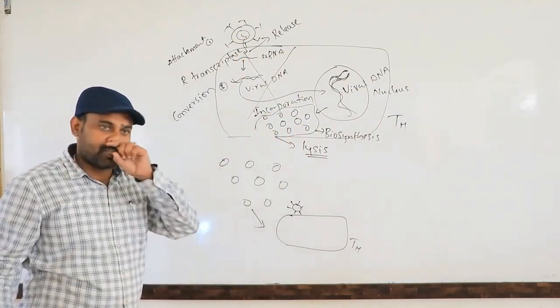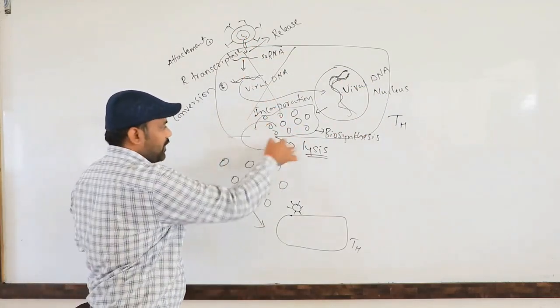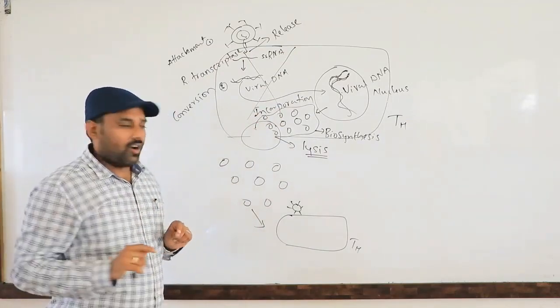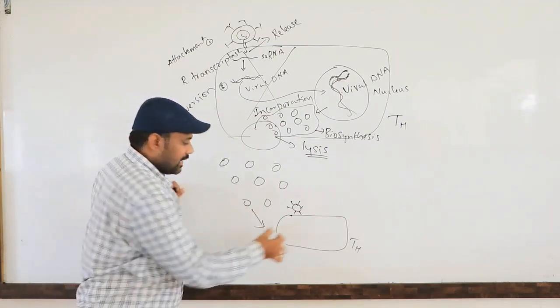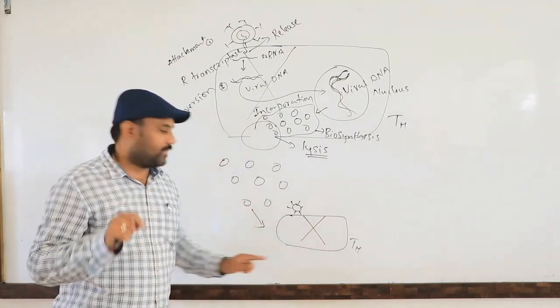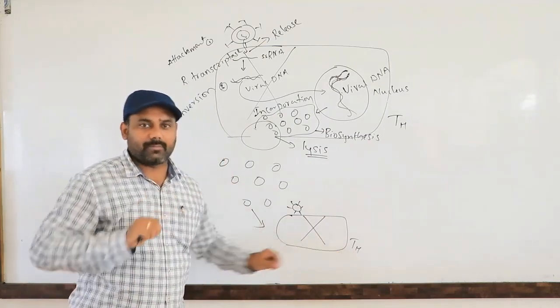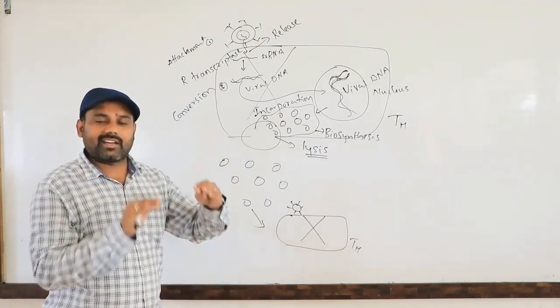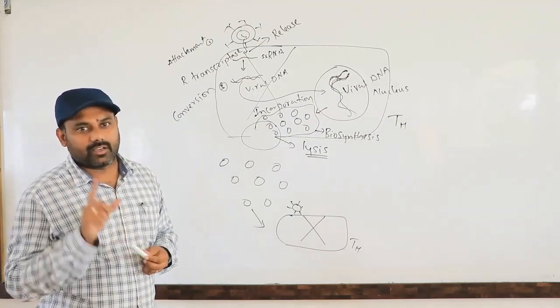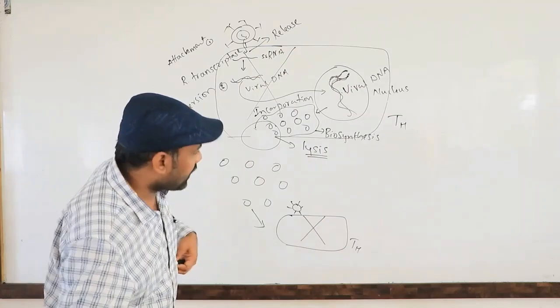Am I right or wrong? Destruction of T cell because of the rupture of the cell membrane. So to some extent within our body, the count of the T helper cells can be reduced. Clear? So this is the reduction in the immunity, or deficiency in the immunity. This is the life cycle of HIV.